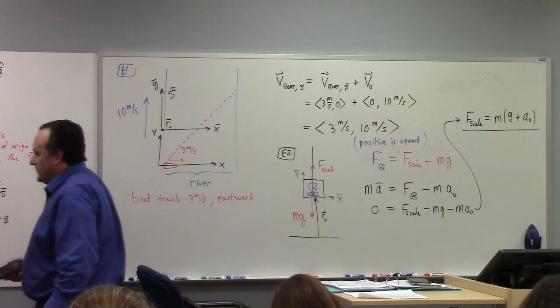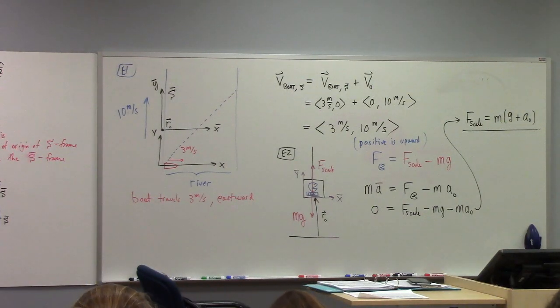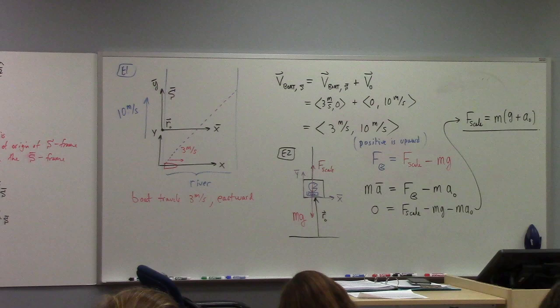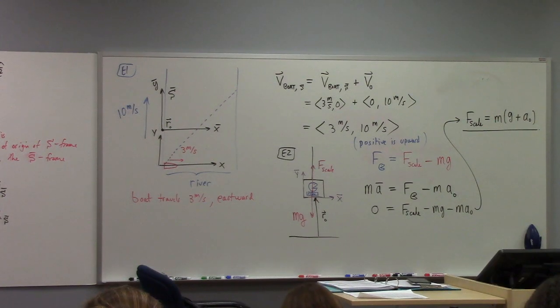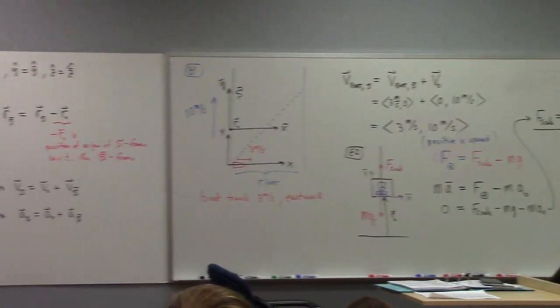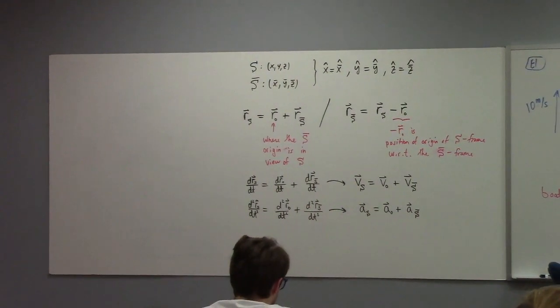We study circular motion in more depth at the end of this course, but at the moment we really have just one thing to work with, which is that the acceleration we can break into two pieces: the centripetal part and the tangential part. The centripetal part is based on the speed squared divided by the radius.